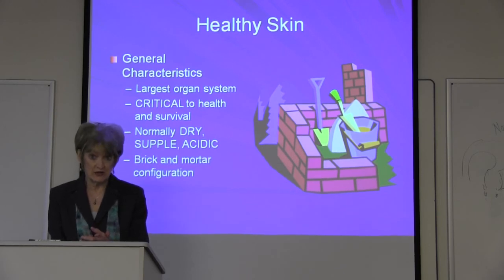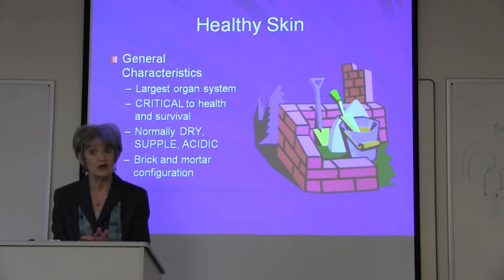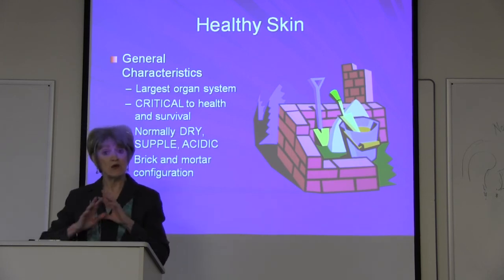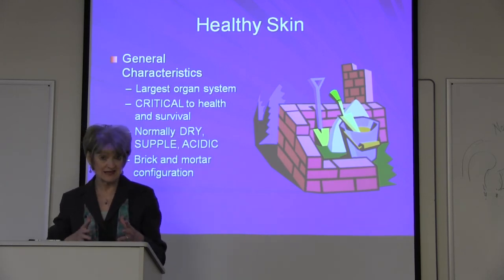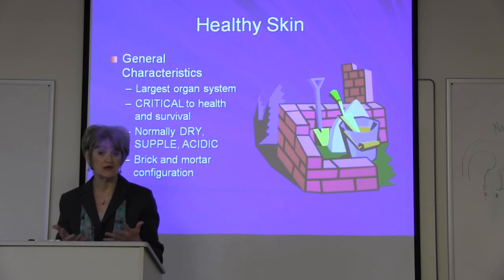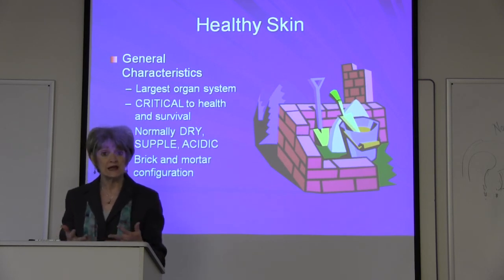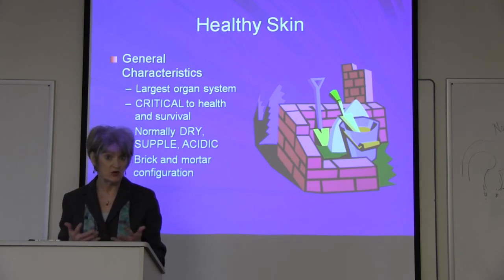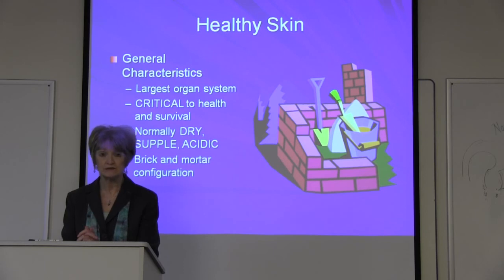But the second thing we have to look at is we want the skin to be supple. So we do want it to be dry, as in not wet, but we want it to have normal elasticity, normal give, normal resilience. And skin gets that normal resilience from being moisturized. And we'll come back to that in a few minutes. We'll talk about the importance of that.